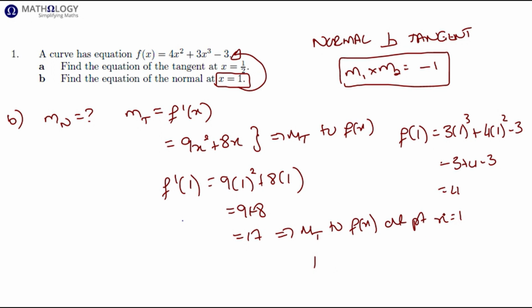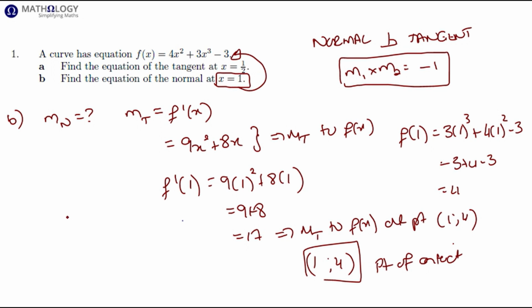So the point of contact is 1, 4. This is the point of contact between the tangent to f of x and f of x at the point x equals 1. So we've got the point of contact, which is what we want.